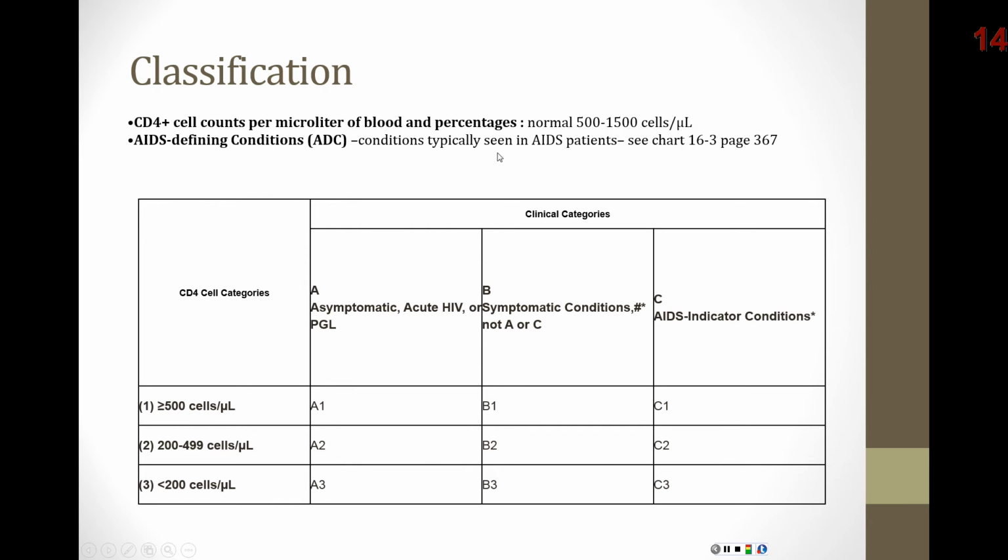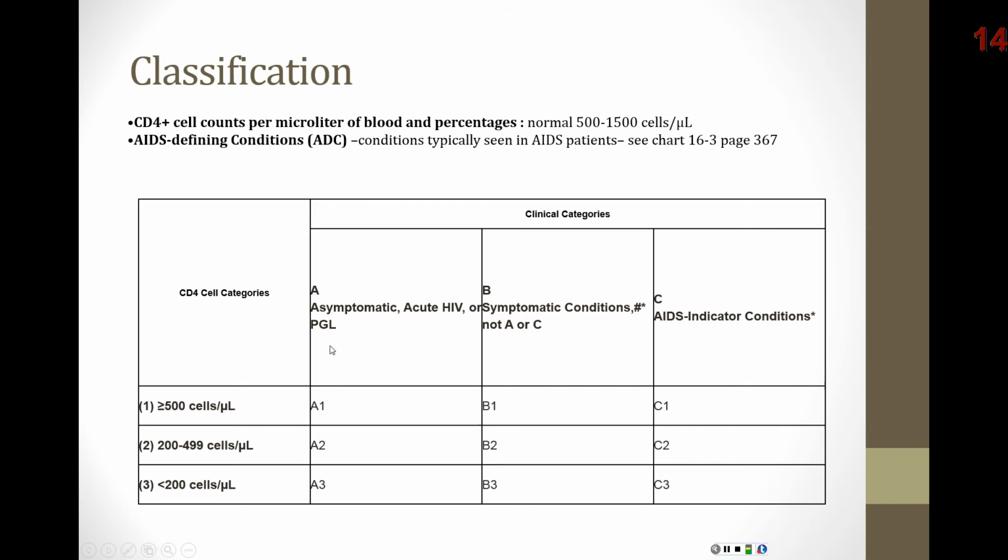The AIDS-defining conditions are in the book. I'm pretty sure it's still 16-3, but check the page number. However, the table is still very accurate, the CDC's table for how they classify HIV infections. So it's 2 parts. If your CD4 cell count is 500 or greater, you're at a level 1.